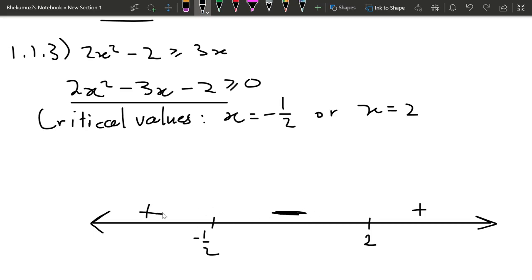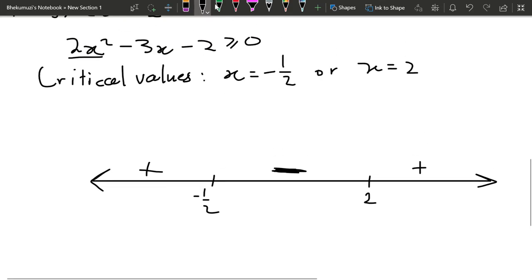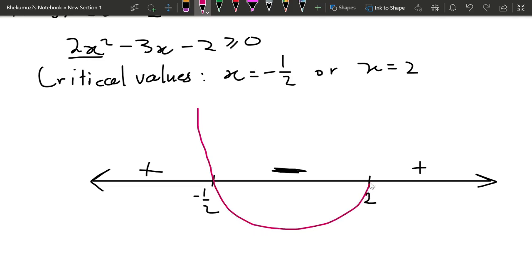Now, how can I say with certainty that this is a positive value without doing the same thing that I had done with the others? Remember, this is a quadratic equation and you have studied functions in quadratic equations. This quadratic is looking up because, as you can see, the a is a positive value. So another way you could have done it is by saying that if we draw this quadratic, it would go through like that and like that.